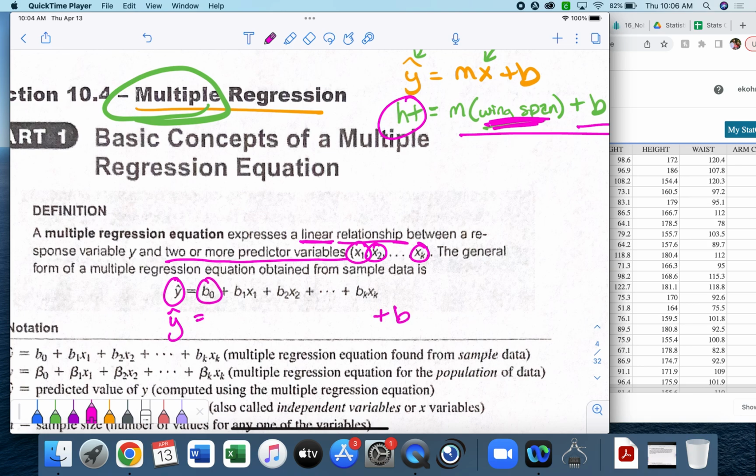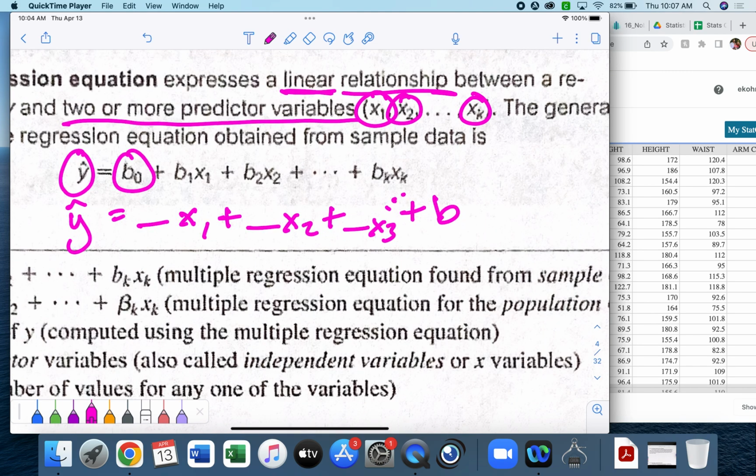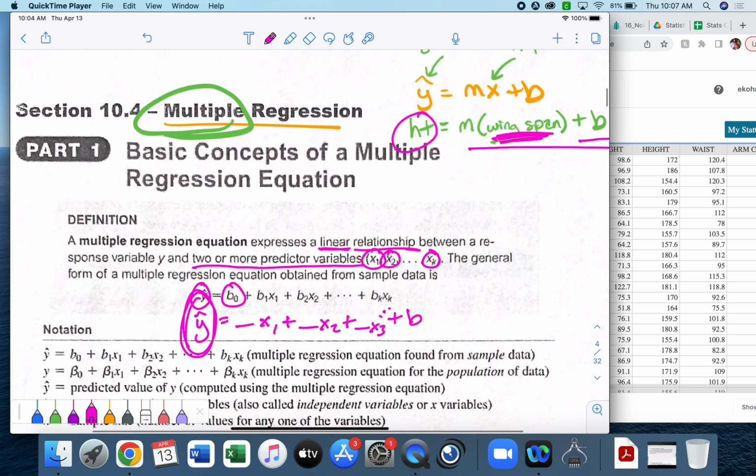Then we have something x1 plus something x2 plus something x3, as many variables as we have, and it will spit out an equation for us, and then we can use that to find what this is. Happy with that? It's just like y equals mx plus b, but with a bunch of x's. This is called a multiple regression equation.